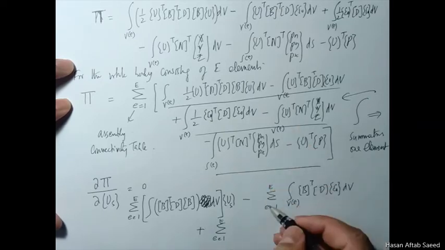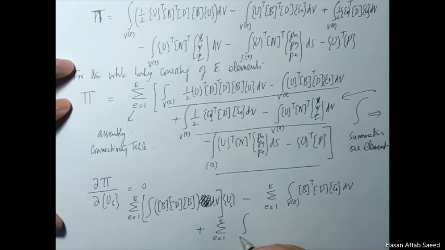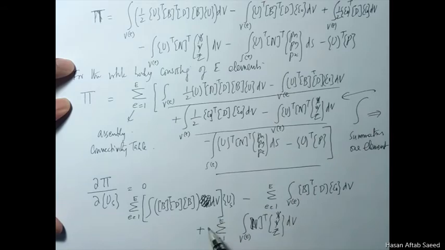What about this one? Here there is just one u, so this vanishes, and you have this. And if you notice, the sign here is not positive, but negative.